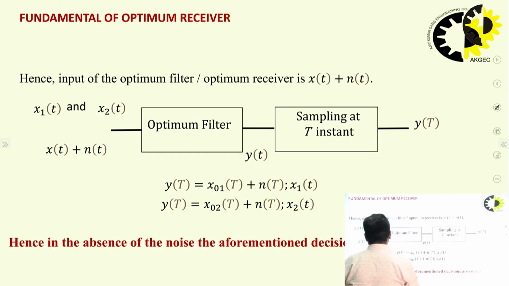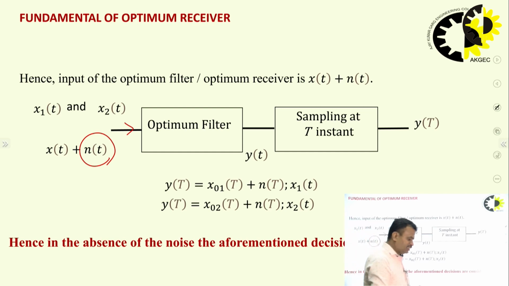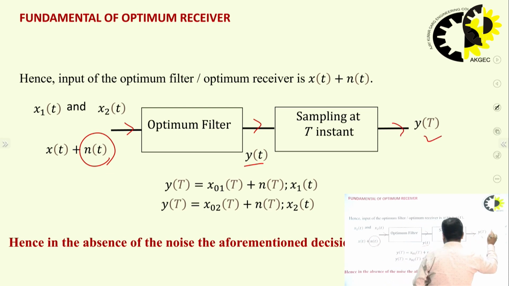Now from this figure it will be clear that the input to the optimum filter comes in terms of x1(t) or x2(t), for binary 1 or binary 0, and in this x(t), n(t) is always additive. If the signal is coming, noise also will come. So it will go to the optimum filter. Now I get y(t) at the output of the optimum filter, then it will be sampled or compared at instant T, and finally we will get y(t).